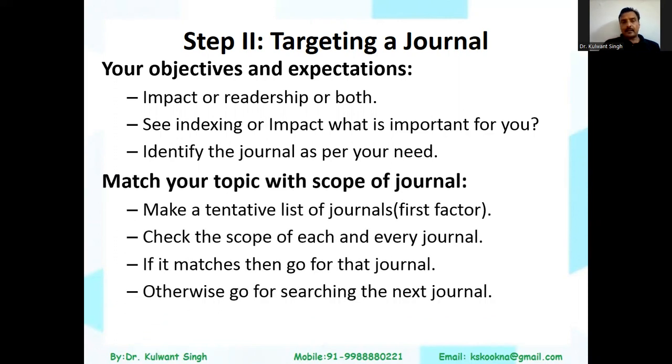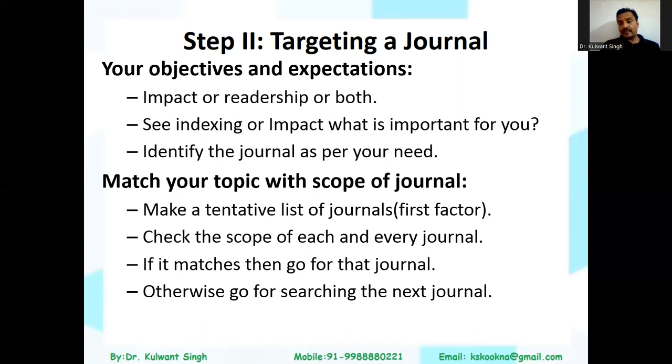The second thing is, when we have selected journals, it means we have to prepare a list of a few journals on the basis of impact factor, indexing, or our requirement, whatever it is. Then we have to match the topic of our article with the scope of the journal.